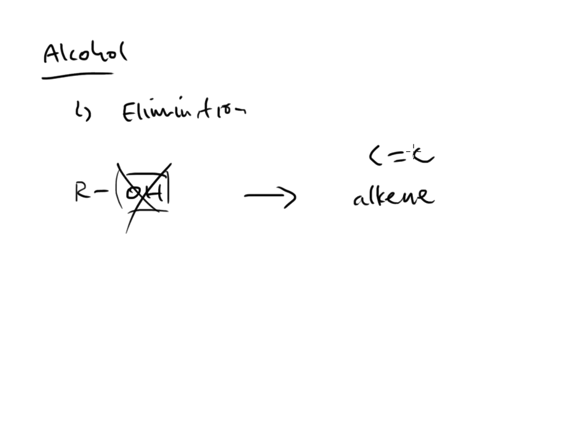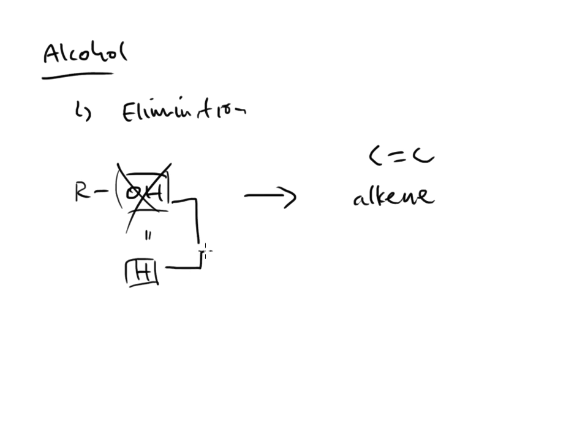So an alcohol group can undergo an elimination reaction. It eliminates OH. A neighboring atom, though, has to have a hydrogen that it can get rid of, and that is what allows the double bond to be formed.